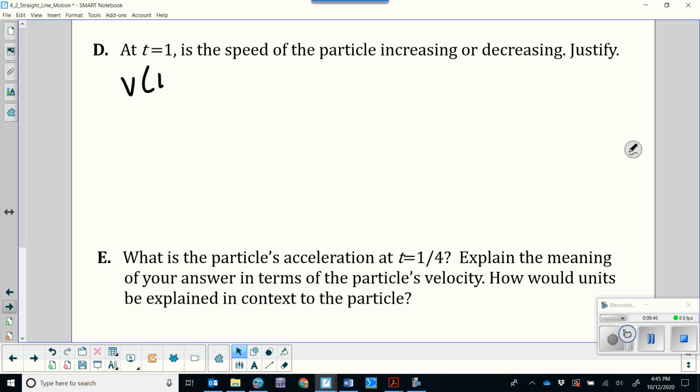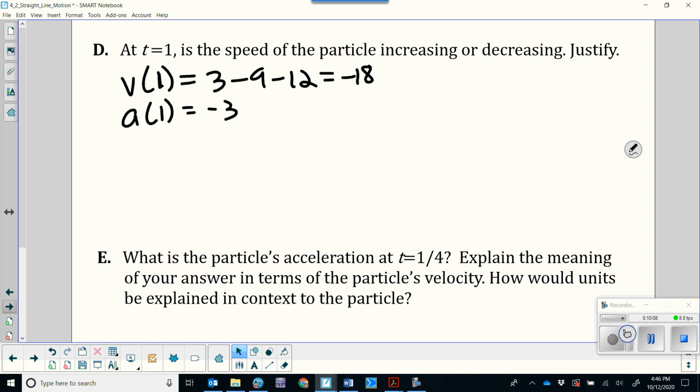So we want to find out, what is velocity doing at 1? The velocity at 1 is going to be negative, and actually you could put a couple of steps in, 3 minus 9 minus 12, and we get negative 18. And then we know that the acceleration at 1 was negative 3.